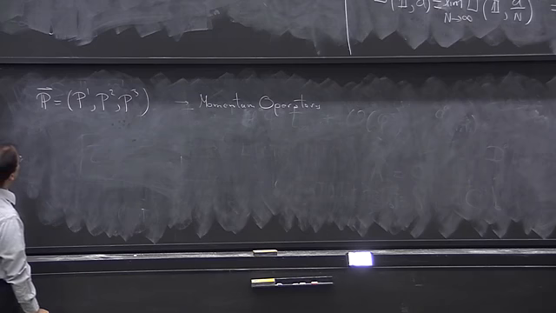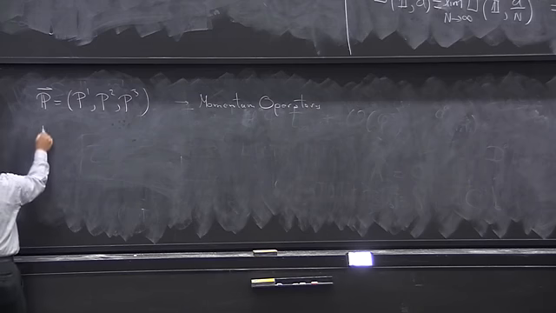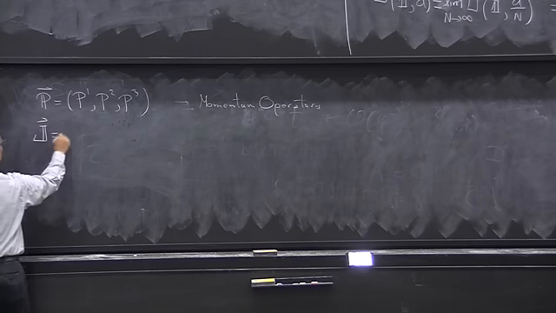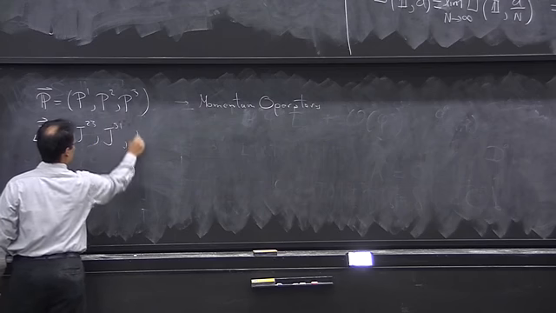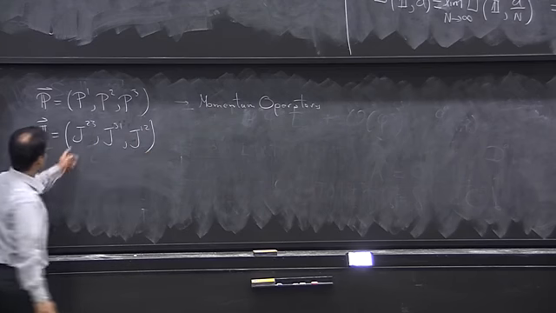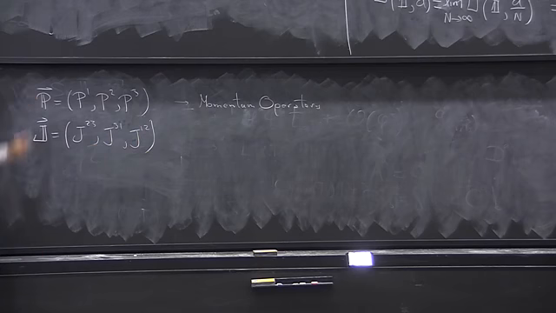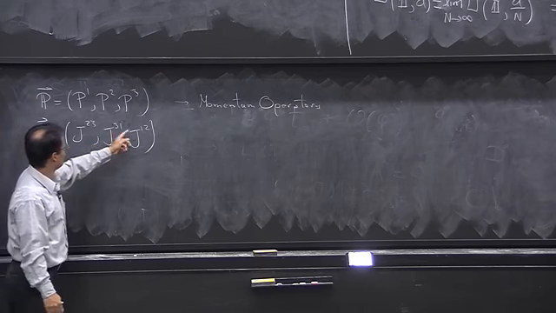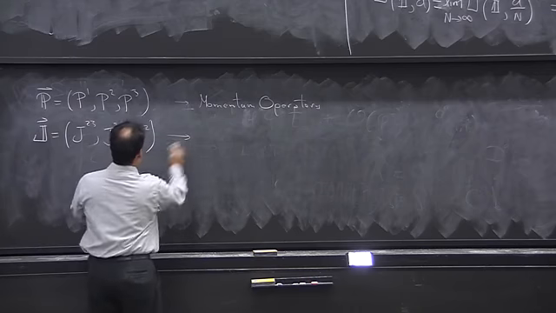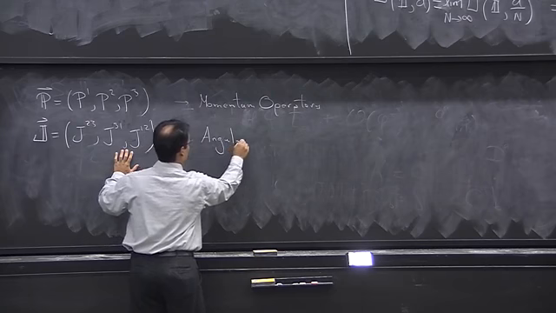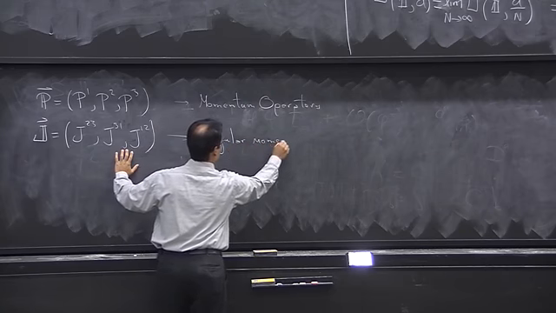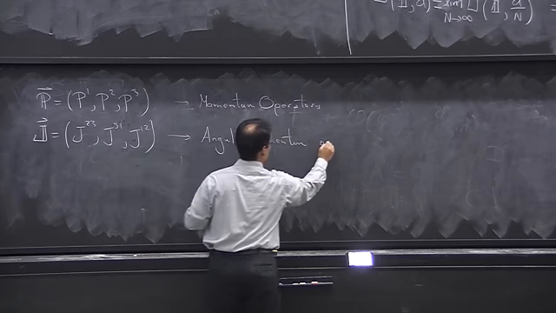What else can you recognize from here? Well, you can probably recognize these components of this tensor, okay, the components 23, 31, and 12. These will be identified with the angular momentum operators.